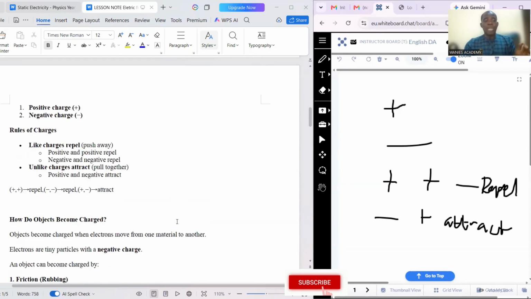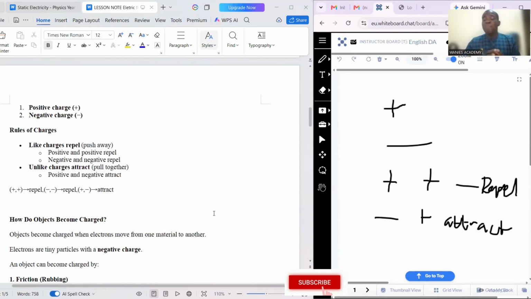So now let's quickly move to how objects become charged. Objects become charged when electrons move from one material to another. Electrons are tiny particles with negative charge. So an object can become charged by the movement of these electrons.